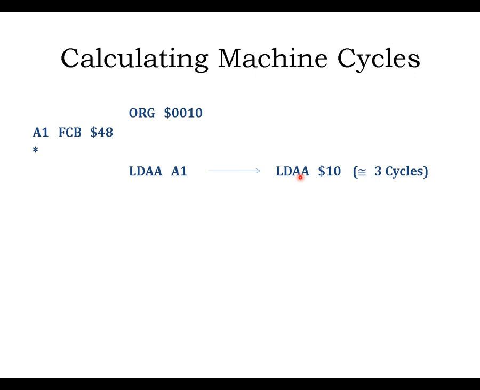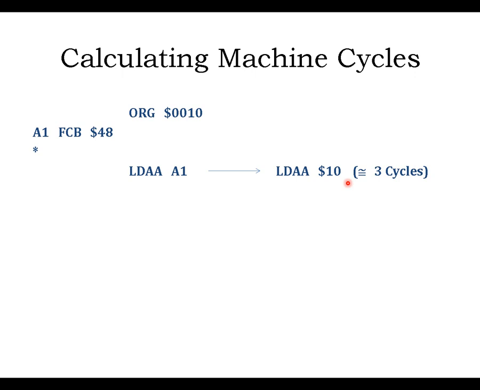So A1 is replaced by the address of A1, which is 10 in hex. Now you know the mode is direct. If you check the direct mode of LDAA in column 7, you will see that it's 3.